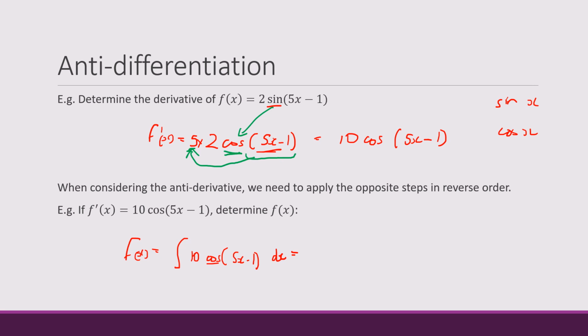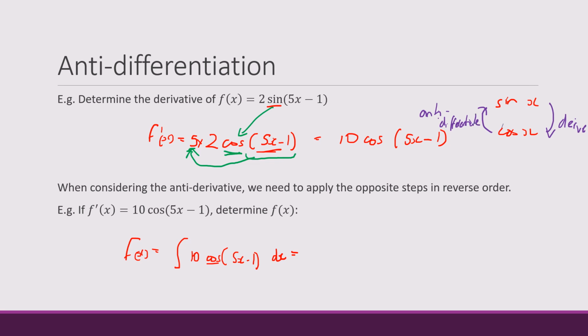When we derive we go down the list, so when we anti-differentiate we go back up in the opposite direction.